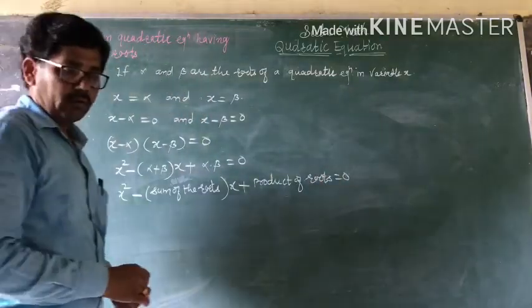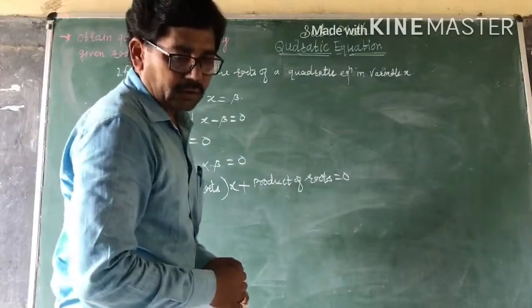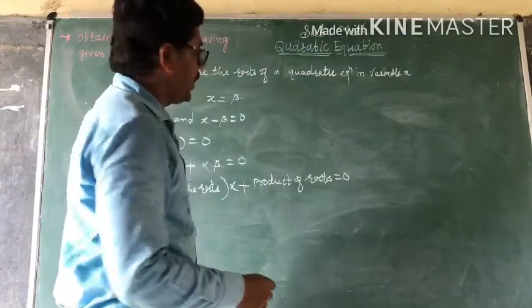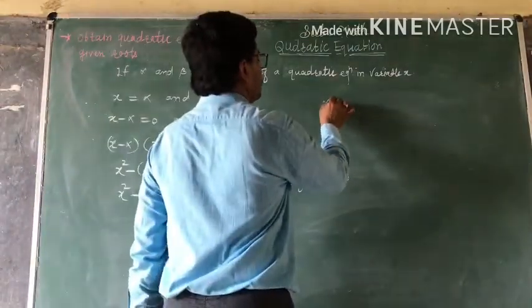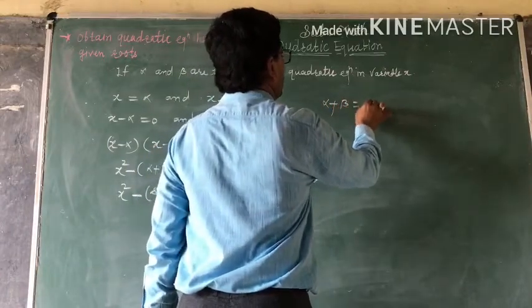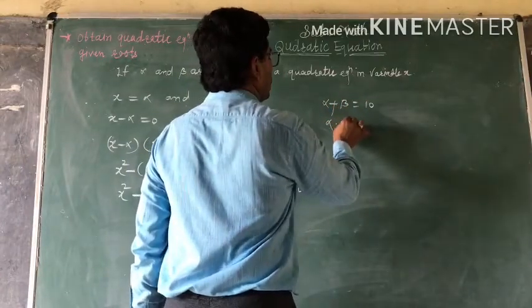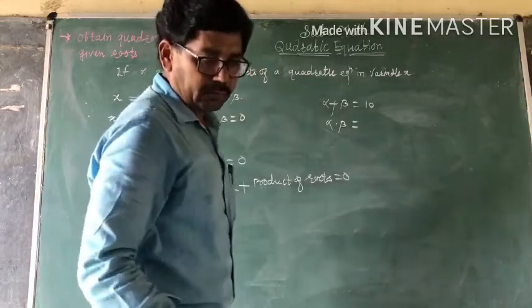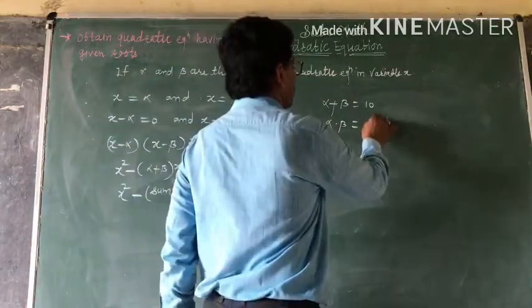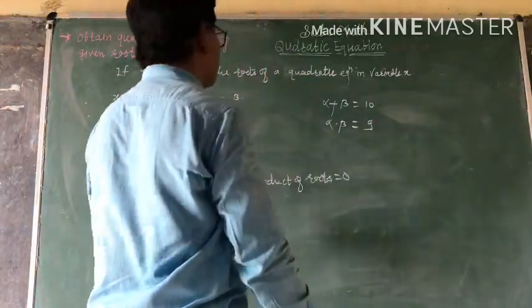If the sum of the roots is 10, that means alpha plus beta is equal to 10, and alpha into beta, the product of the two roots, is 9, then what is the quadratic equation?